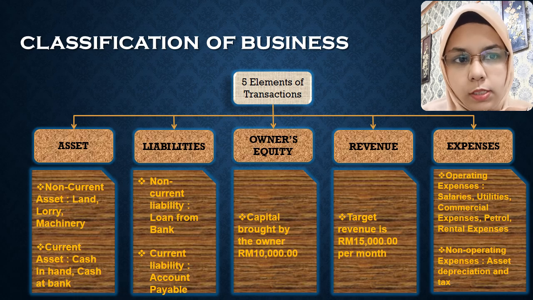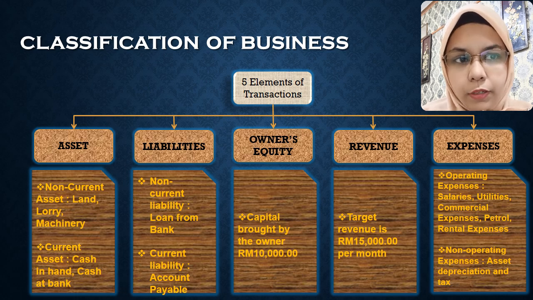The third one is owner's equity. Owner's equity is the capital brought by the owner into the business. The capital brought by Mr. Fazli bin Sarip, the owner of OneFirst Enterprise, is RM 10,000. Next, the fourth element is revenue.